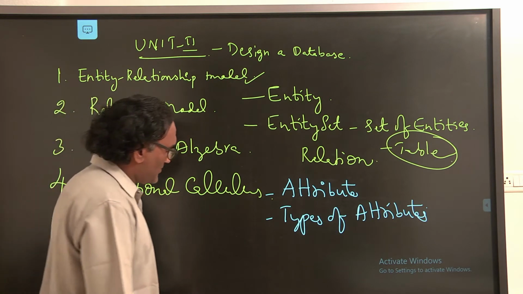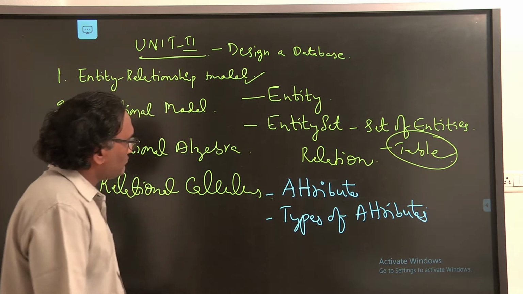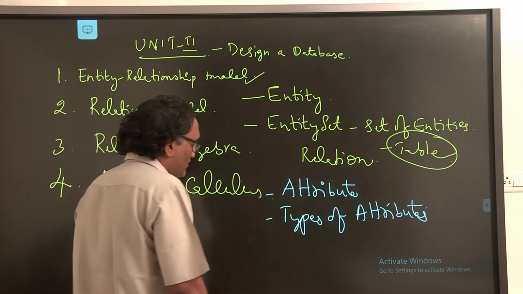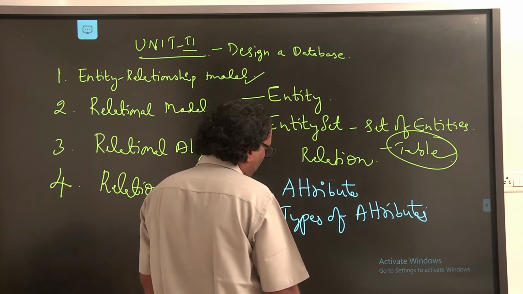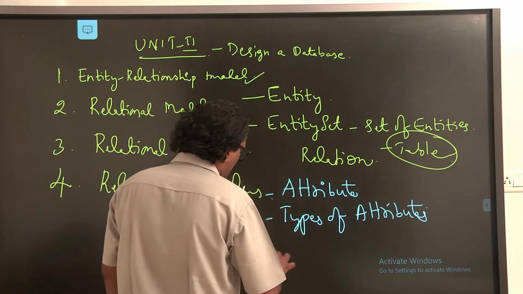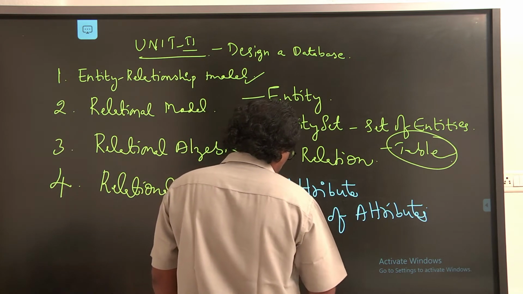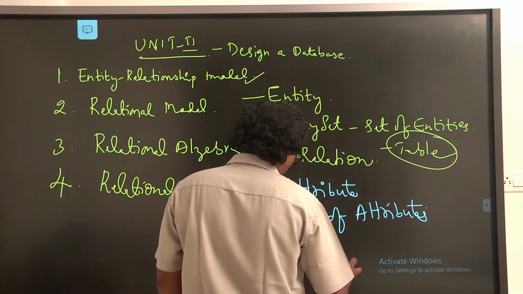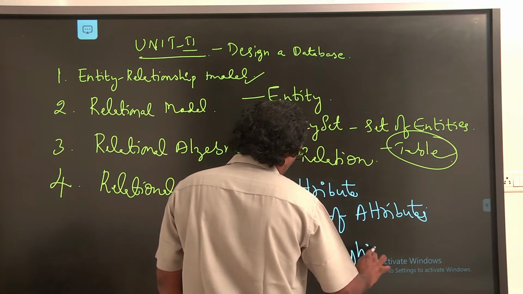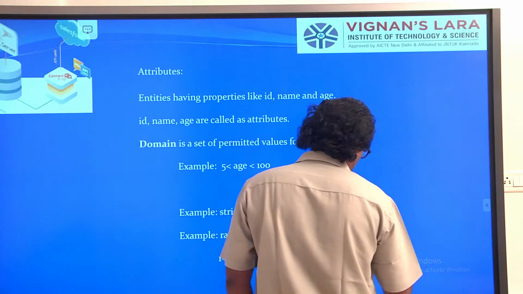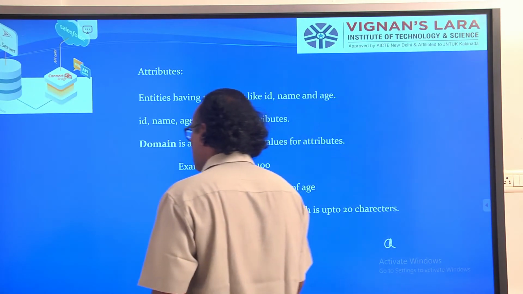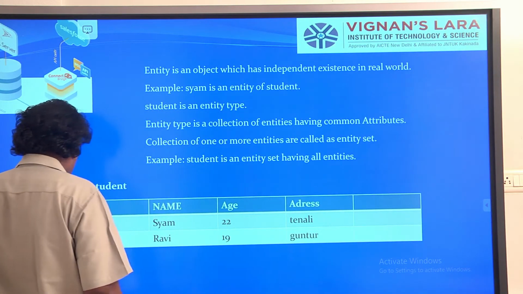We have 5 types of attributes. I will also discuss relationships and relationship sets.